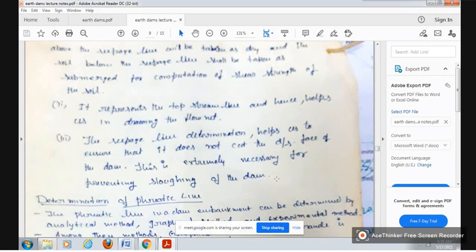If it passes through the filter, it is safe. If it cuts the downstream face, it means a saturated face is there, so sloughing may take place on the downstream of the dam. So these are the three advantages of determining the phreatic line.